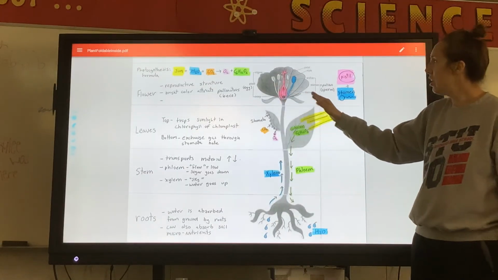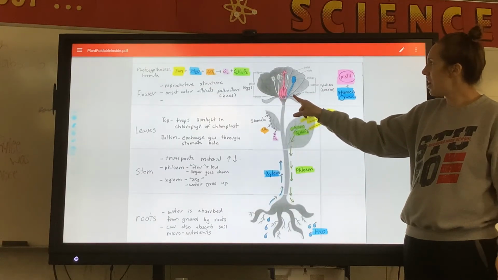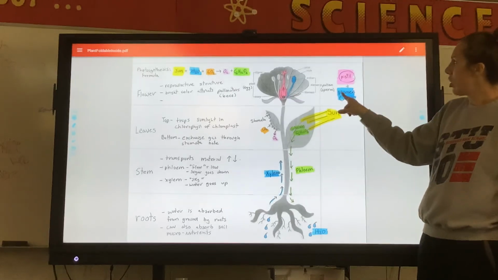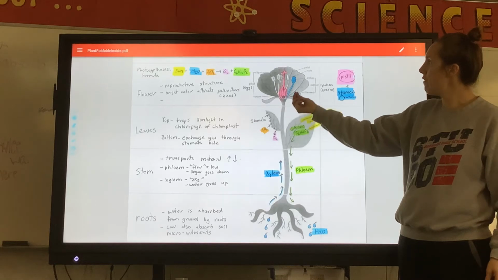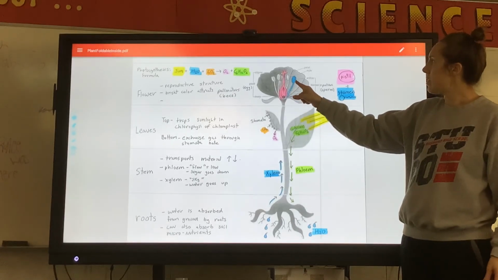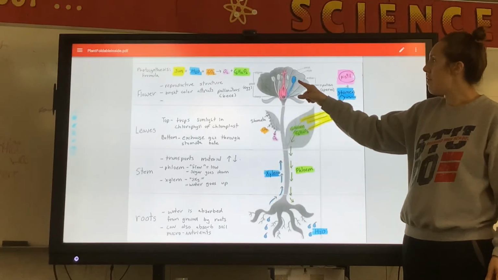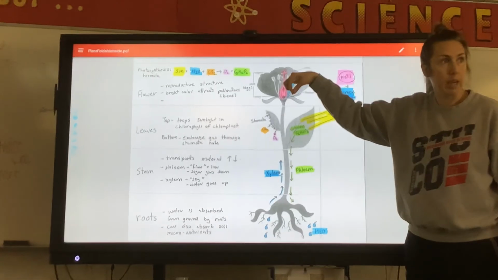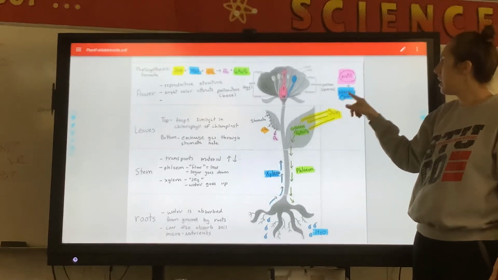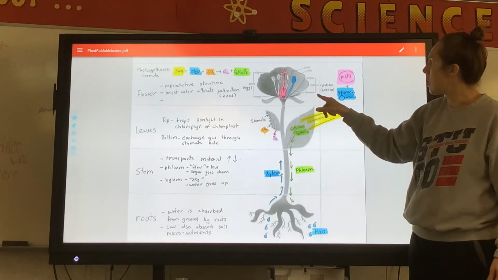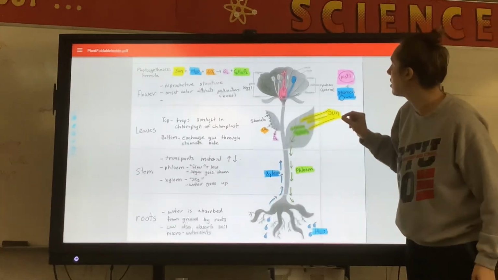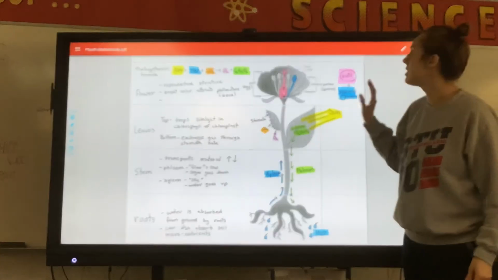And then you have these, they're called stamen, but it's basically this long filament with this anther, and that's where the pollen is located. They call it the sticky stigma, that's what it is.